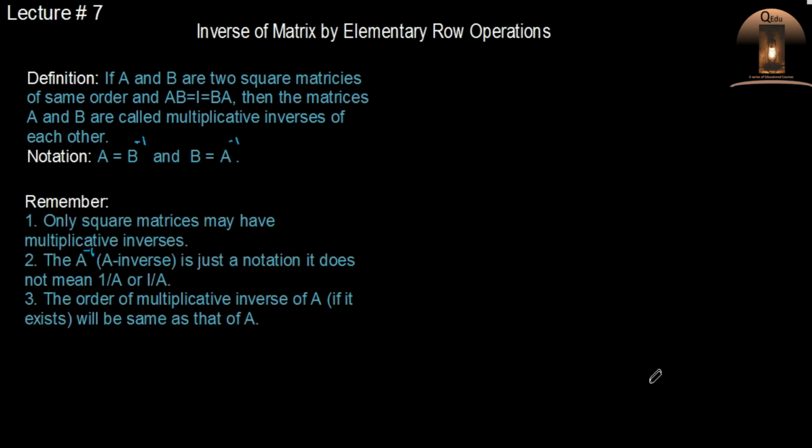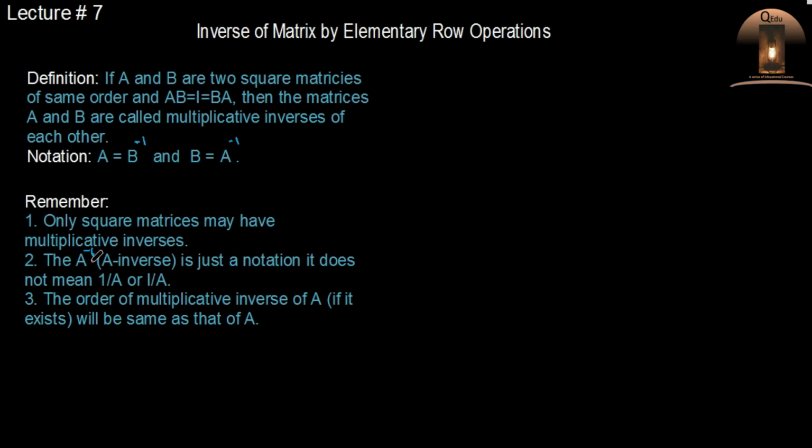Now you must remember a few points about the inverse of matrices. The first is that only square matrices may have a multiplicative inverse. This means that if the matrix is not a square matrix, then there will be no multiplicative inverse. Secondly, it is not necessary that every square matrix has a multiplicative inverse. The notation A inverse is just used as a symbol for the multiplicative inverse.